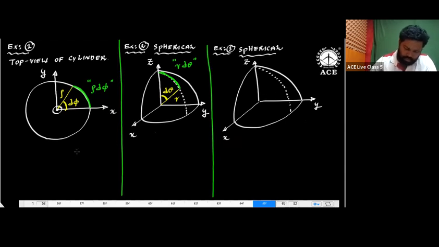Here it is r beta. The angle which it is making is theta and this is r. If I drop this point onto the xy plane, what is this length? We know already.